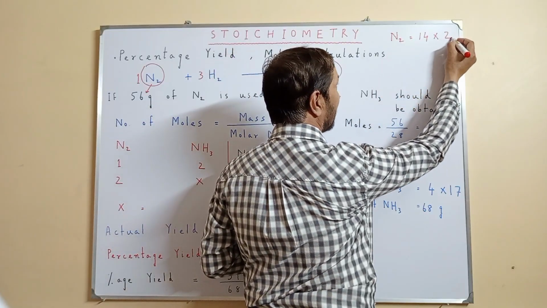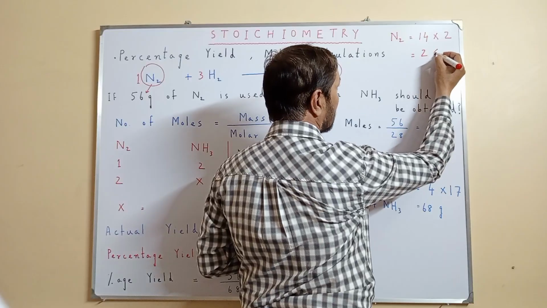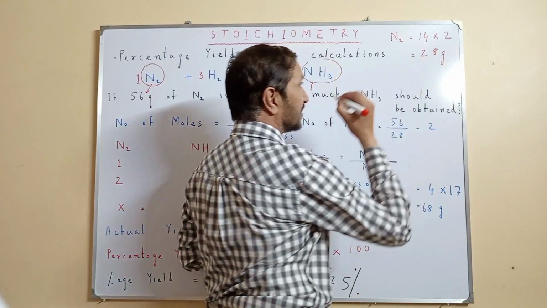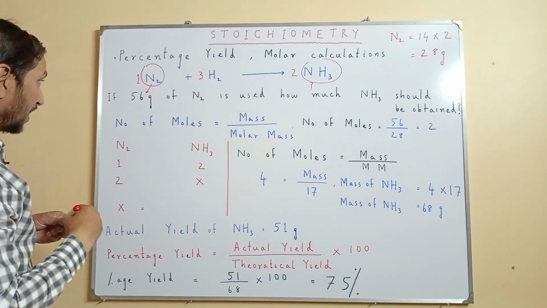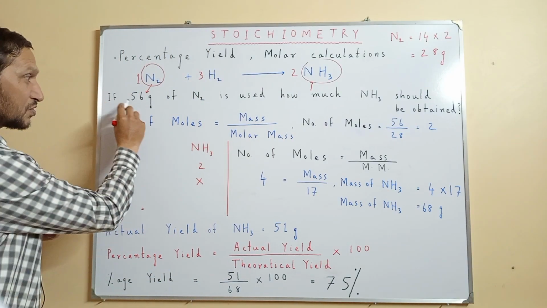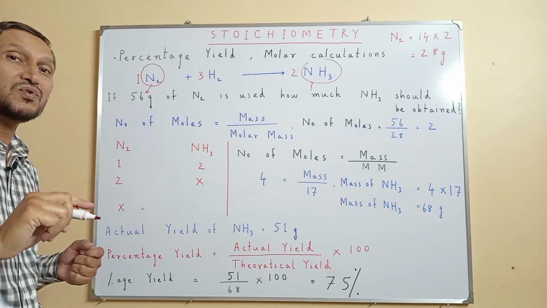So 14 multiplied by 2 means that the molar mass of nitrogen is 28 grams. So if 56 grams of nitrogen is used, in terms of moles, how many moles of nitrogen are there?